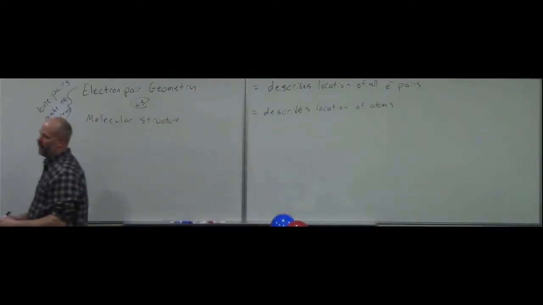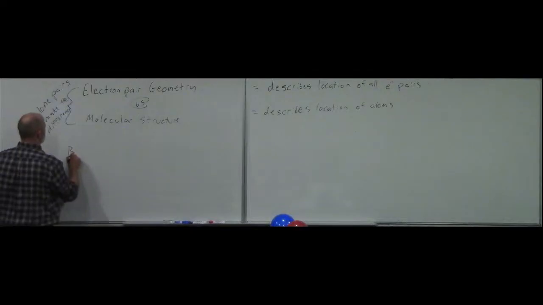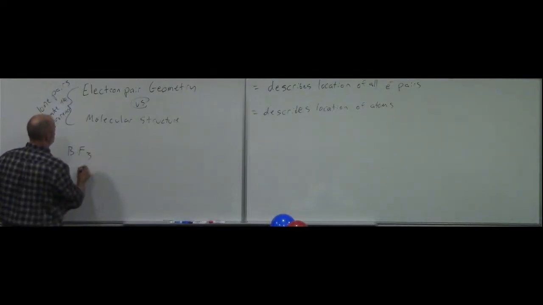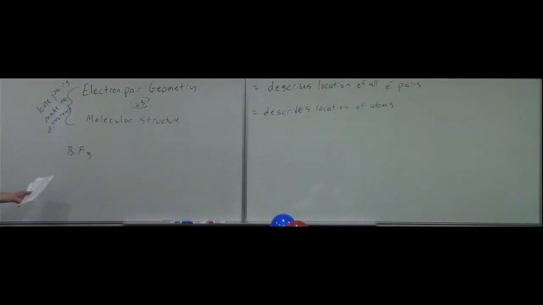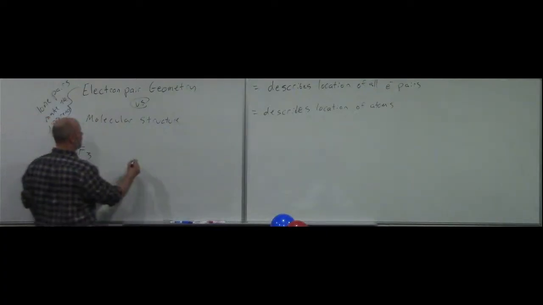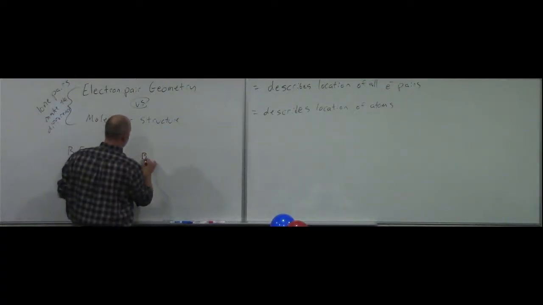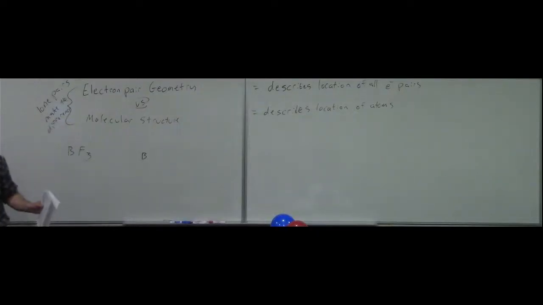So let's do BF3. For BF3, you've got a central boron, and it's making 3 bonds, right? What shape is that? Trigonal planar.